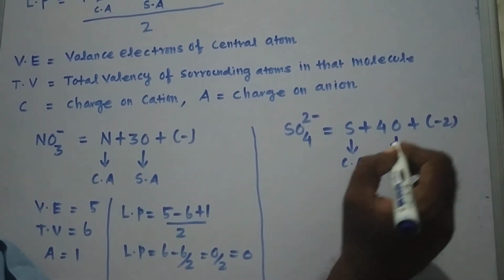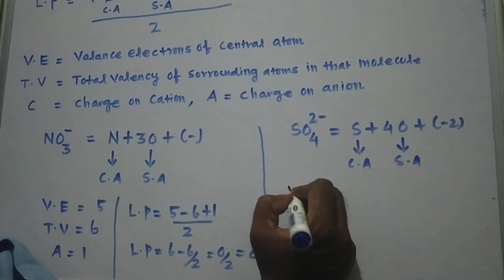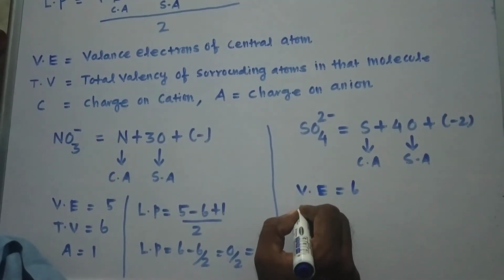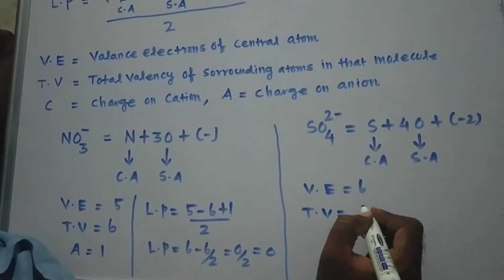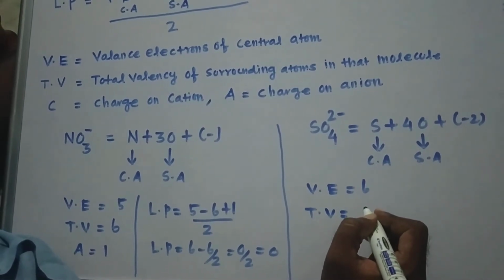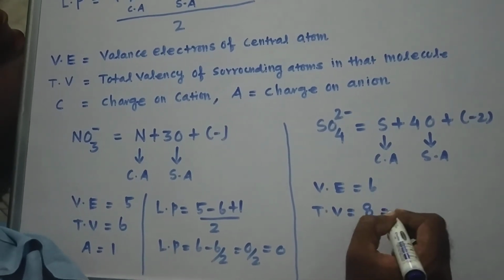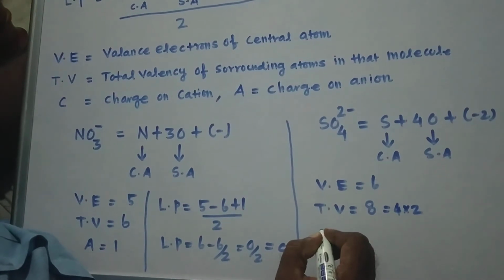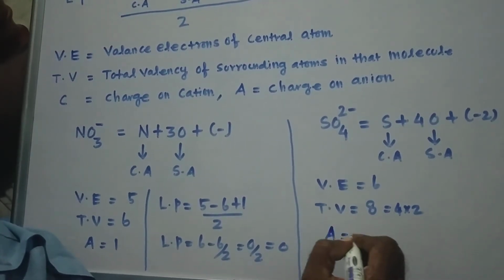Okay, this is charge due to anion. For sulfur, the valence electron is equal to 6. Okay, then TV, here oxygen acts as a divalent surrounding atom, therefore there are 4 oxygen is equal to 8, because 4 into 2 equals 8. Okay, then charge due to anion, that's equal to anion is equal to 2.